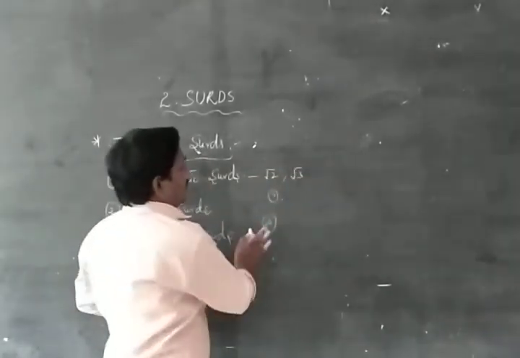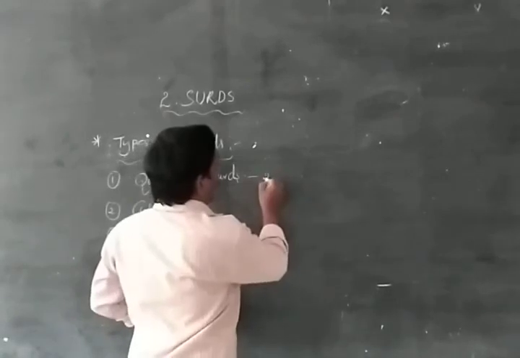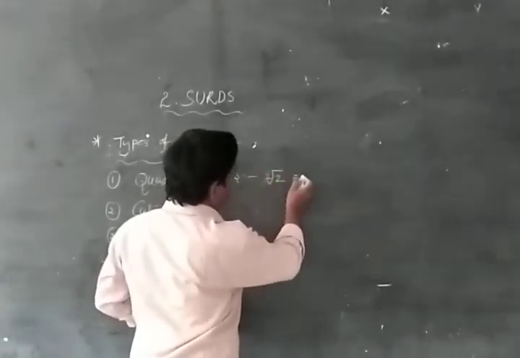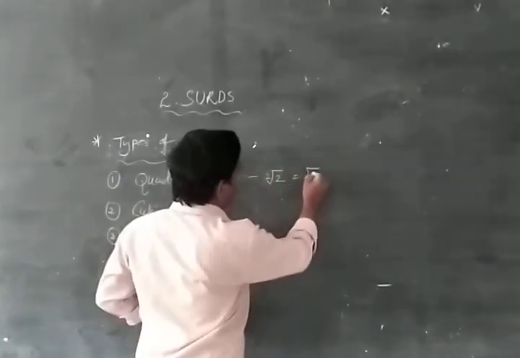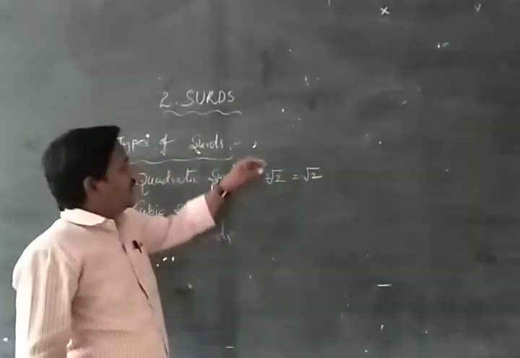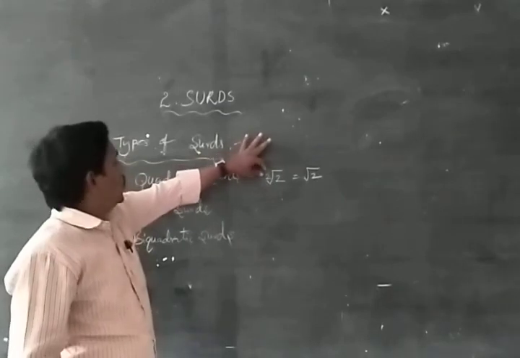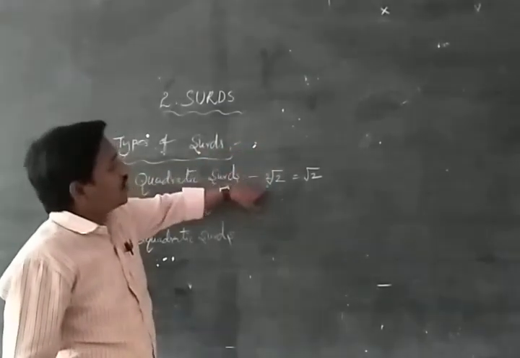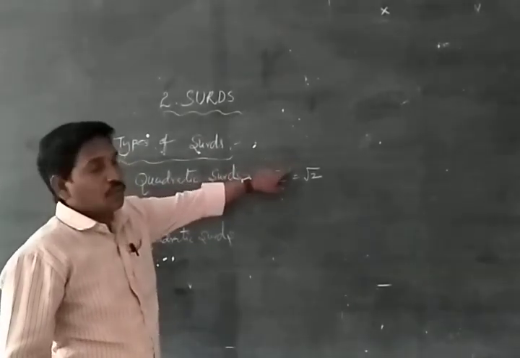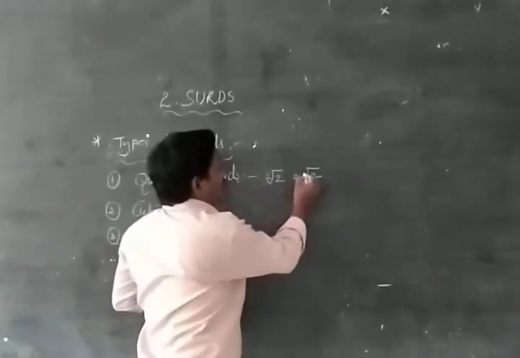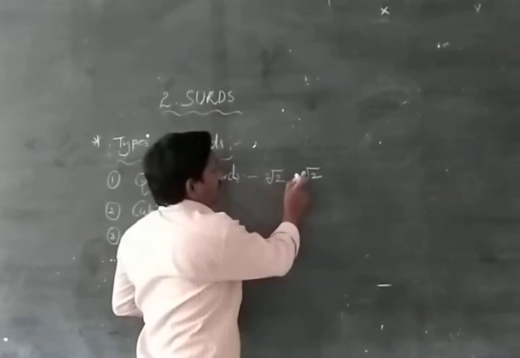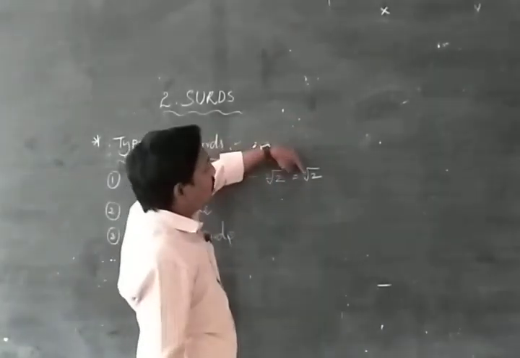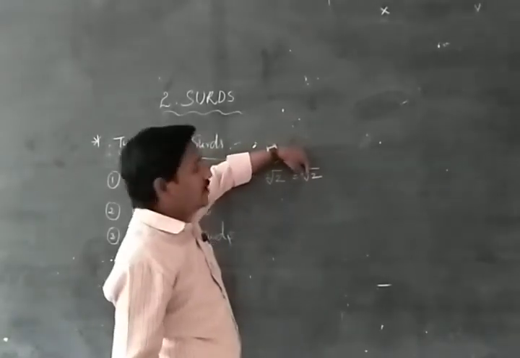So, look, both are the same. Quadratic surd, second order of 2. We need not write the 2, we can imagine it.